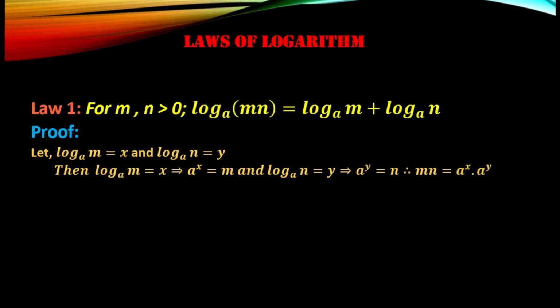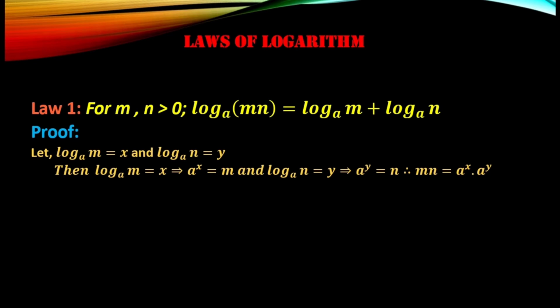Then log of m to the base a equals x implies that a to the power x equals m, because in the previous session we had discussed that log of m to the base of a equals x implies that a to the power x equals m, and log of n to the base a equals y implies that a to the power y equals n.